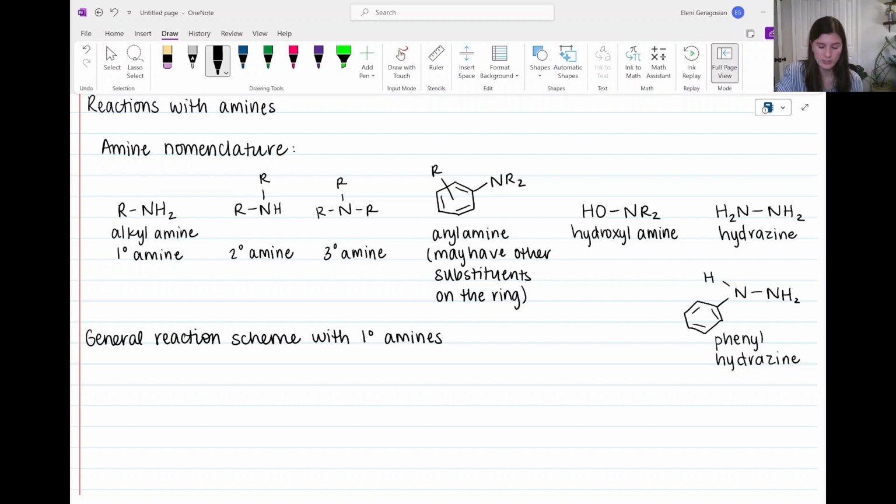We'll show the reaction scheme with primary amines. So we can start with an aldehyde or ketone. We add an amine. So a primary amine has one R group that is a carbon and then bonded to two hydrogens.